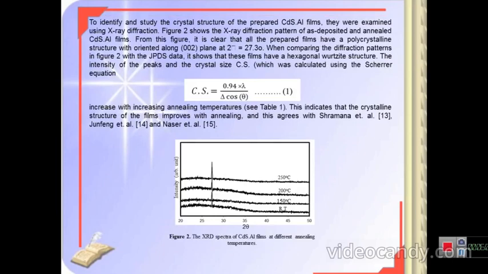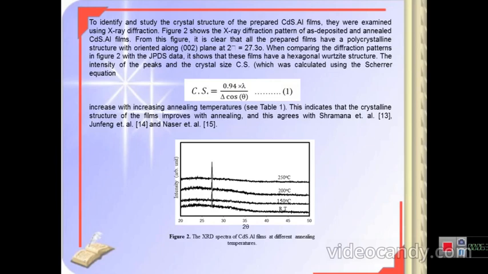Figure 2 shows the X-ray diffraction pattern of as-deposited and annealed CdS:Al films. From the figure, it is clear that all prepared films have a polycrystalline structure oriented along 002.